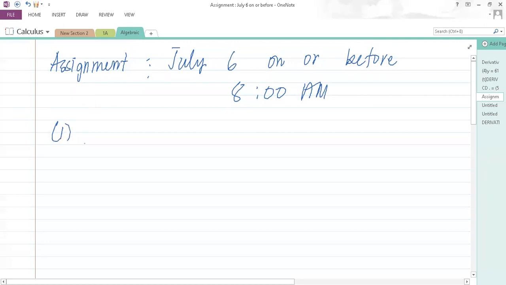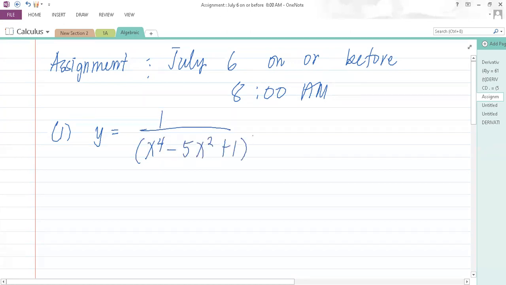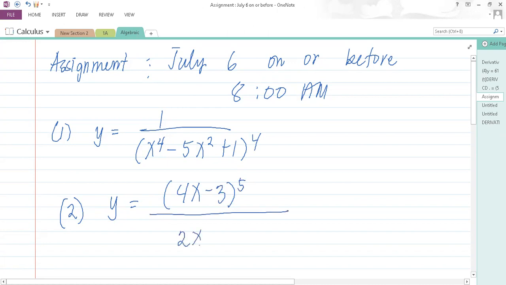Okay? So you have to differentiate the following. Okay? So ito na yung magiging assignment, no. So kindly copy. So I will just give you 3 problems.